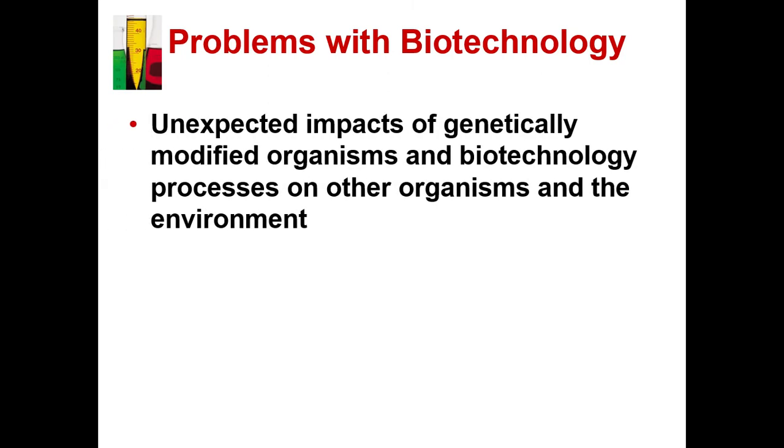Next, unexpected impact of genetically modified organisms and biotechnology processes on other organisms and the environment. When we produce some specific character in an organism, that organism is going to live in the environment, and that environment is the natural one. For example, if we use a cow that produces more milk, it may need more food, specific food for the production of milk.